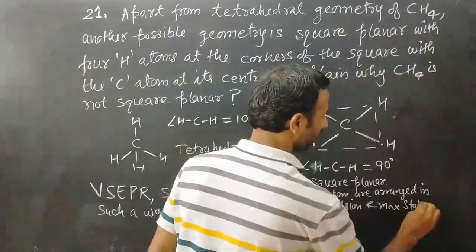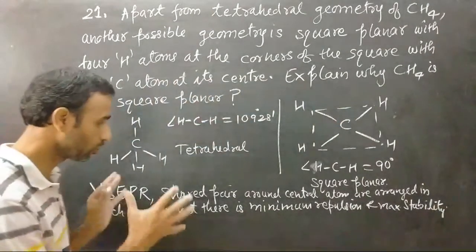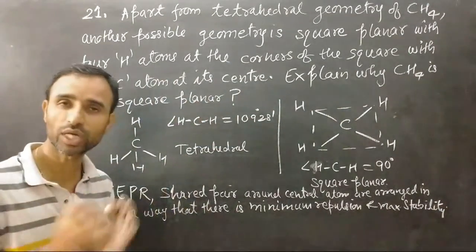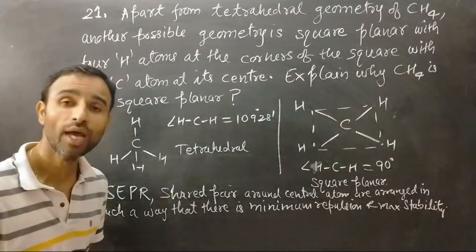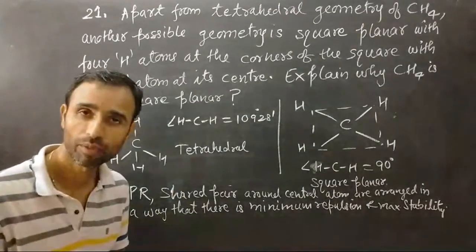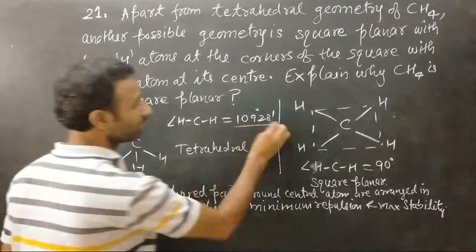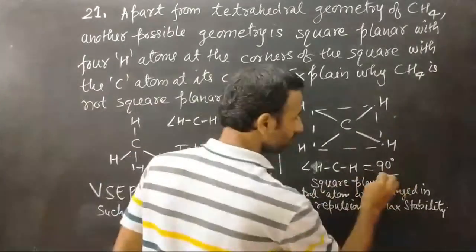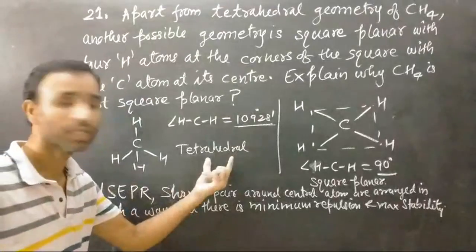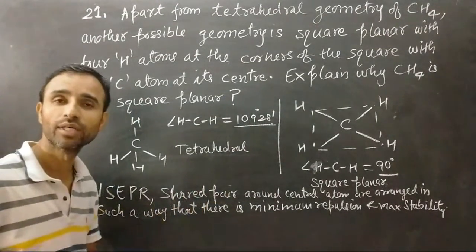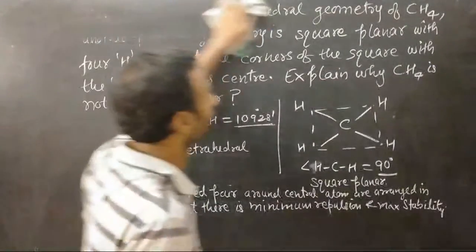That is the main motto of VSEPR theory, that we have to arrange shared pairs so that there is minimum repulsion between the electron pairs, and repulsions are minimum when the angle is maximum, right? So the angle in tetrahedral is greater than in square planar. That's why there should be a tetrahedral arrangement, so that stability is maximum.